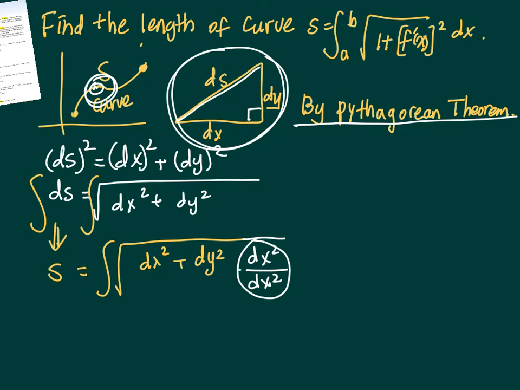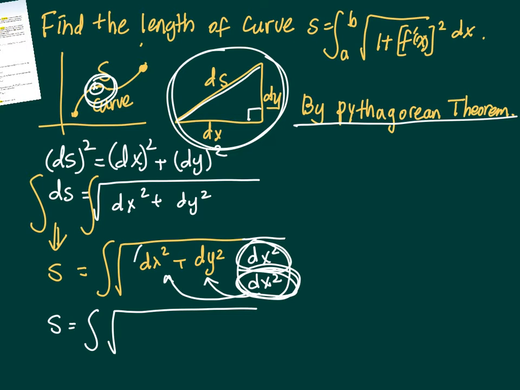Okay, let's think about this and this separately. Now I'm going to distribute only the bottom dx squared here. That gives us 1 for the first term. The second term is dy squared over dx squared.